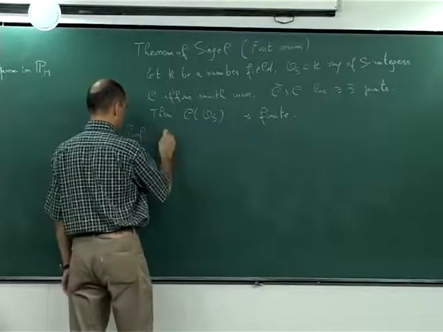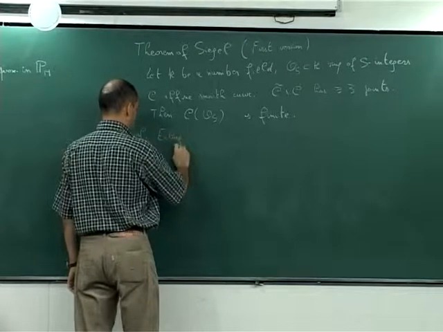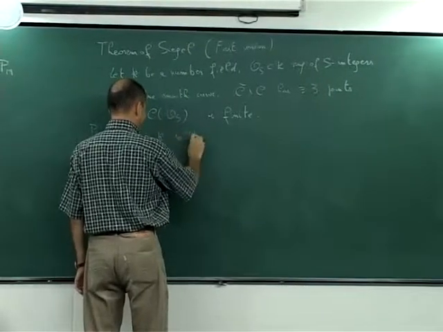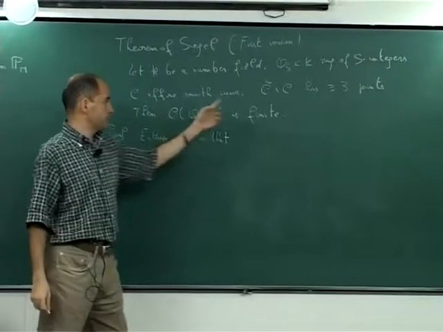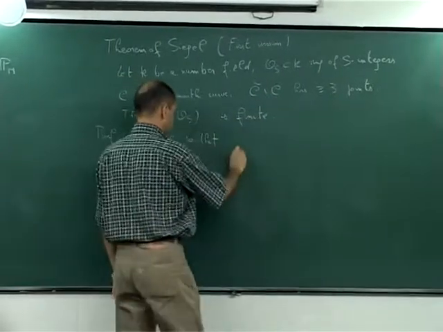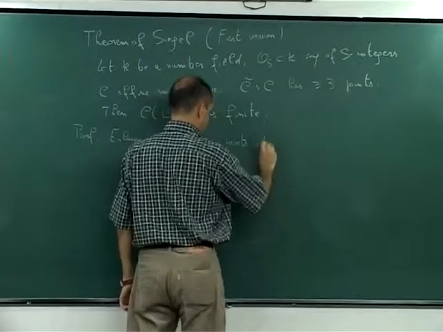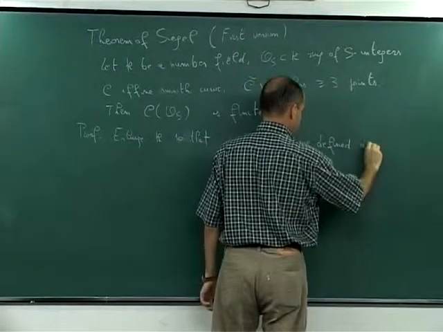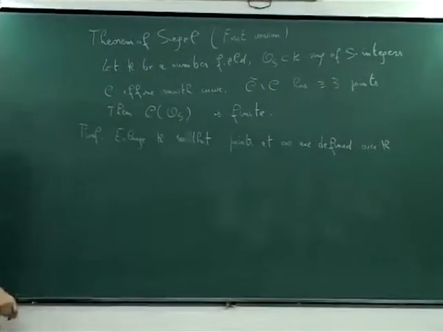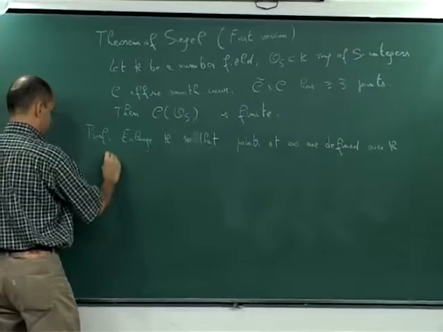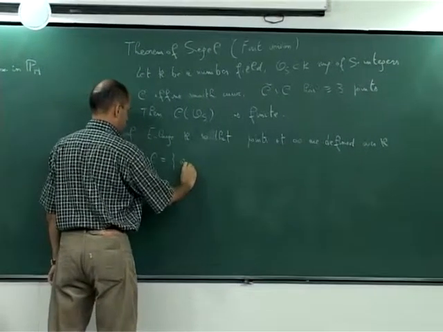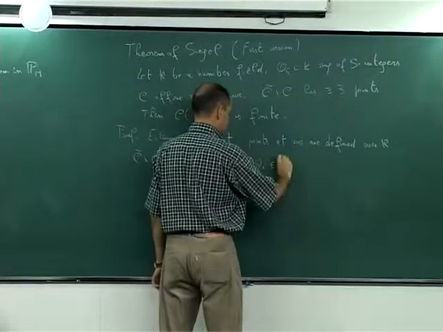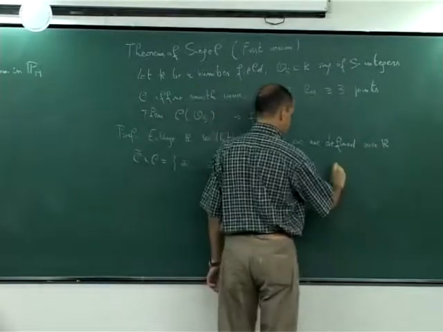First of all, we enlarge K so that the points at infinity are all defined over K. So the points at infinity are the points Q1, ..., QR, each Qi is a rational point, and R is at least 3.